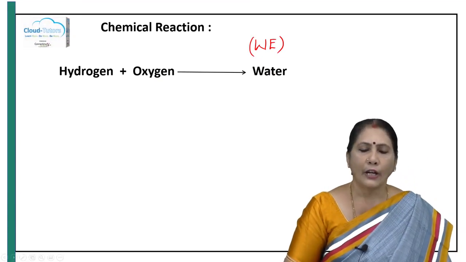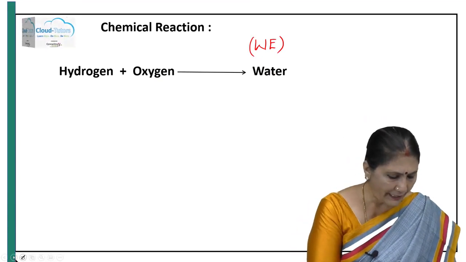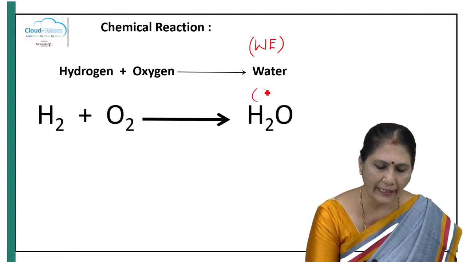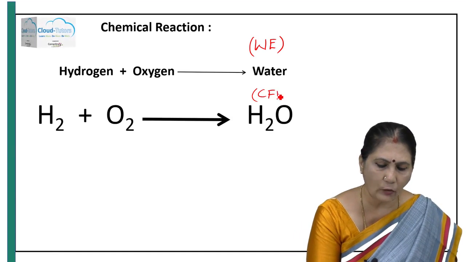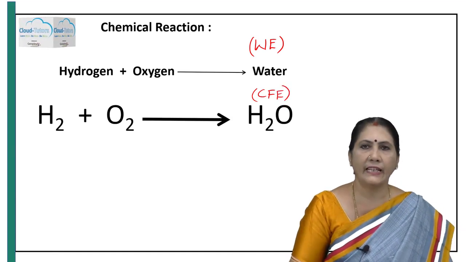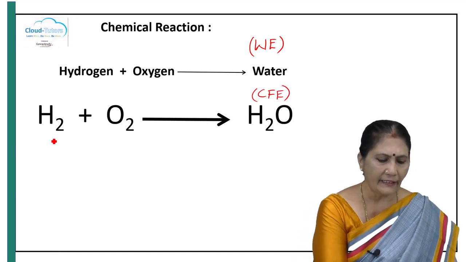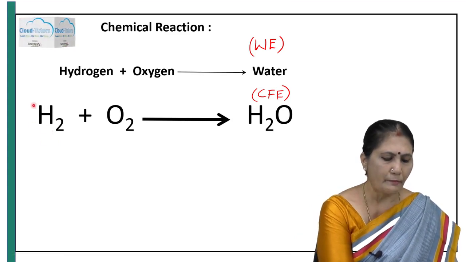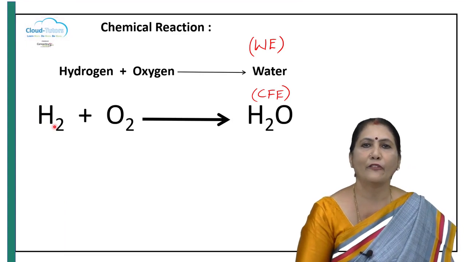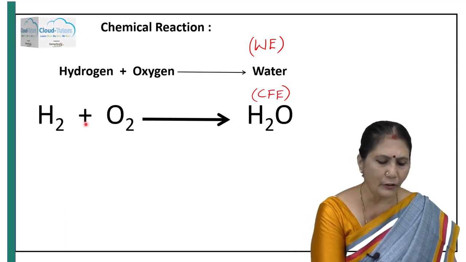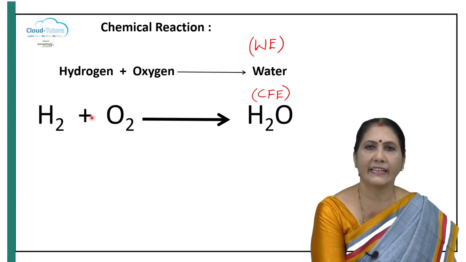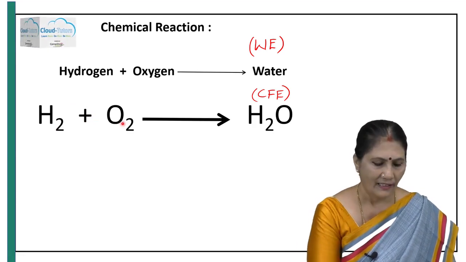Now, you have to write this as a chemical formula equation. So let me write the chemical formula equation, CFE, as hydrogen, which is represented by H2, the molecular formula. It is made to react with oxygen, so a plus sign is always indicated in a chemical reaction.